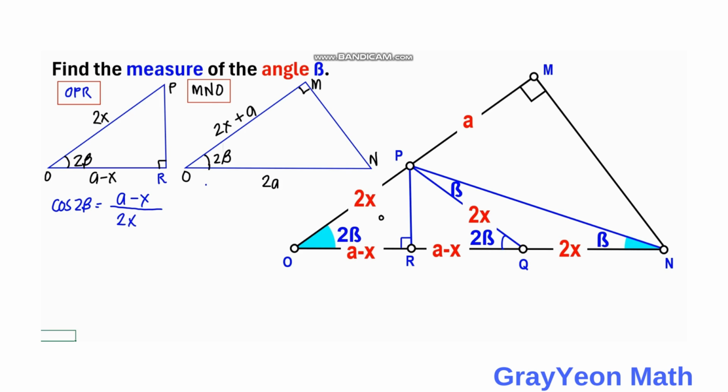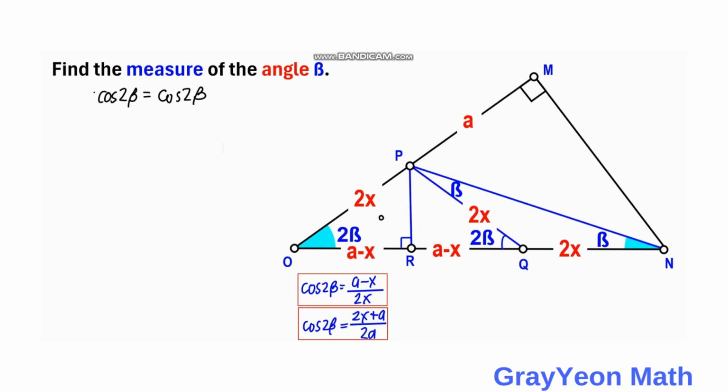Again, for triangle MNO, cosine 2 beta is equal to 2x plus a, which is the adjacent side with respect to 2 beta, over the hypotenuse, which is 2a. These two are actually equal, so we will equate them in the next step.